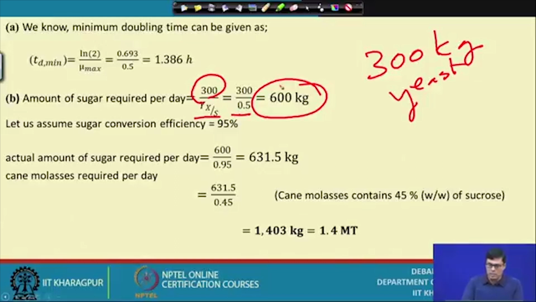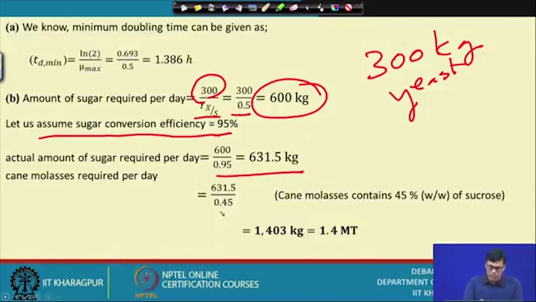This is 600 kg. Now, let us assume the sugar conversion efficiency is 95%, because this is the theoretical value. Am I right? So, maybe not all the sugar will be converted into cell mass. So, let us assume that 95% is the conversion efficiency. Then the actual amount of sugar requirement will be 631.5 kg.